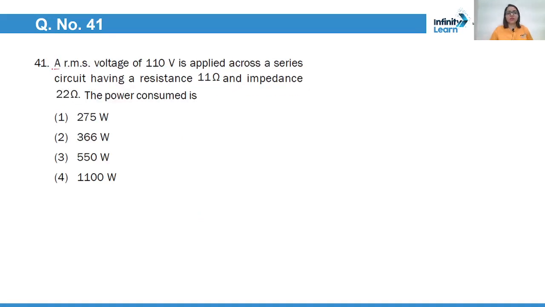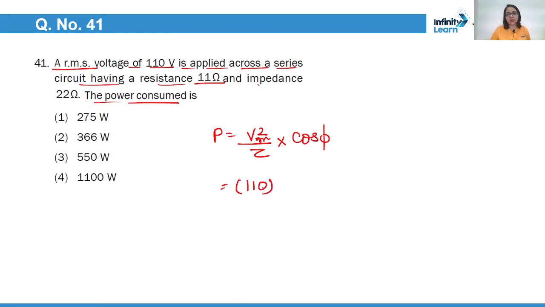Question number 41. An RMS voltage of 110 volt is applied across a series circuit having resistance and impedance. The power consumed is? The power consumed will be V square RMS divided by Z into cos phi. So V square RMS is 110 squared, divided by Z, where Z over here is 22, into cos phi, which is R upon Z, that is 11 divided by 22.